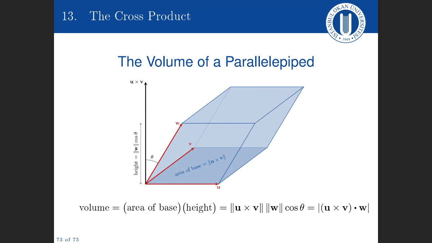We know the area of the base because the base is just a parallelogram. So the area of the base is the norm of u cross v. The height, using trigonometry, and from this picture we can see the height must be the norm of w cos theta. So the volume is the norm of u cross v times the norm of w cos theta. And that's just the same as the absolute value of u cross v dot w.